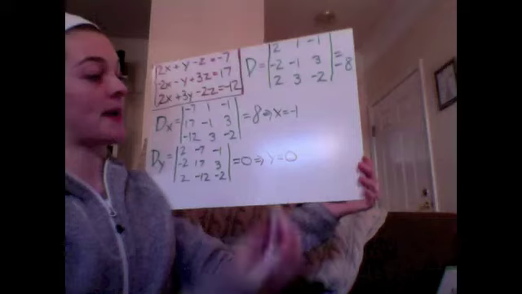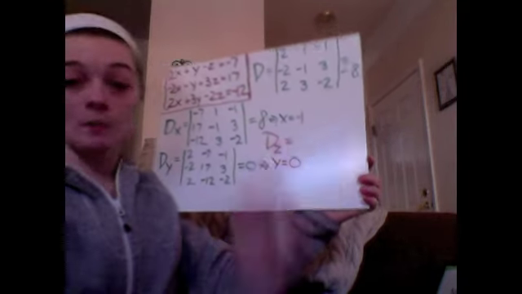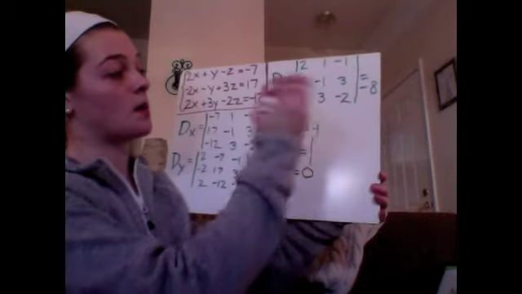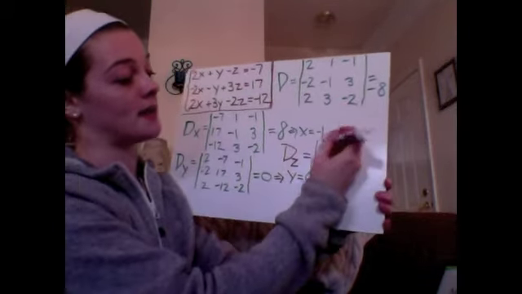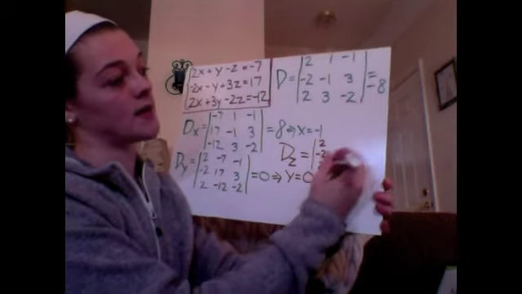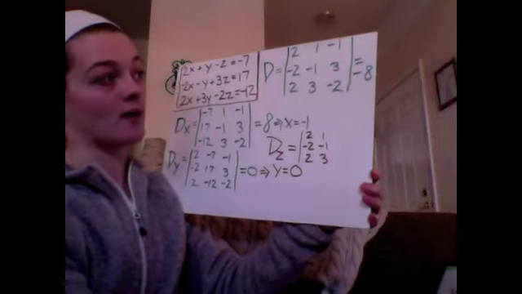All right, the last one that we have to do is dz. All right, so when we're doing dz, we're going to take our determinant. We're going to only replace the column that is the z's coefficients. So the first and the second one should stay the same because if you recall, those are my x and my y coefficients.